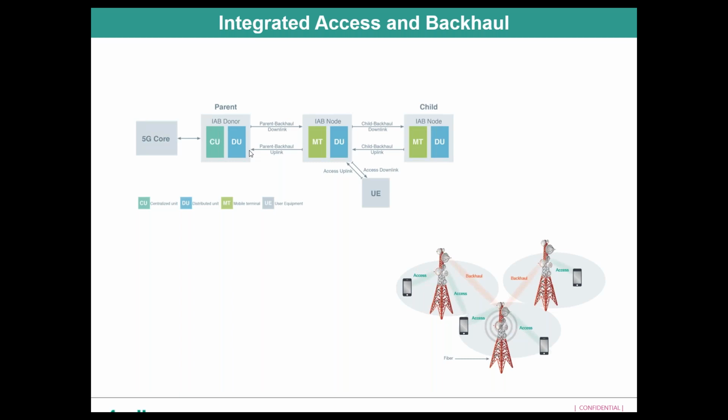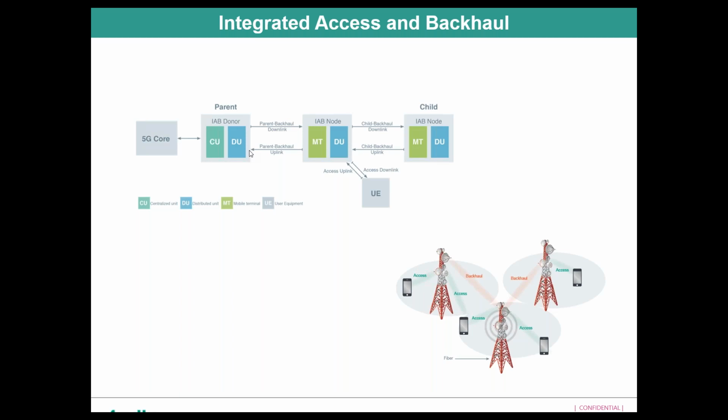You could have your physical and MAC layers in your DU, and then you could have your RLC, PDCP, and higher layers in your CU. That way you can have a sort of a distributed network, right? So what we're doing over here is we are able to connect different nodes, different base stations or gNBs together, right?